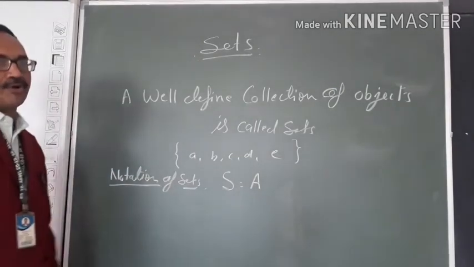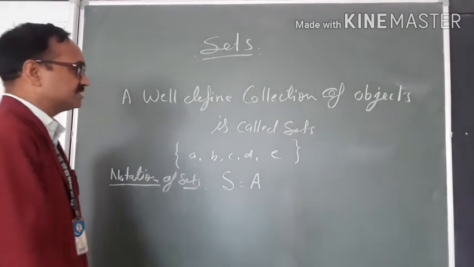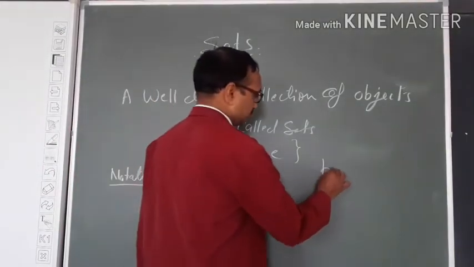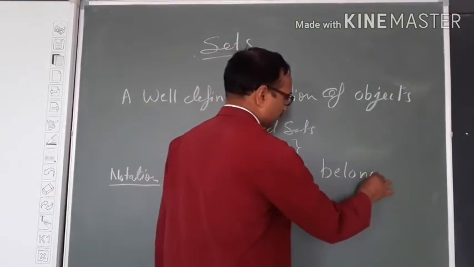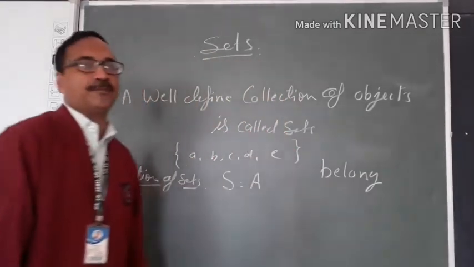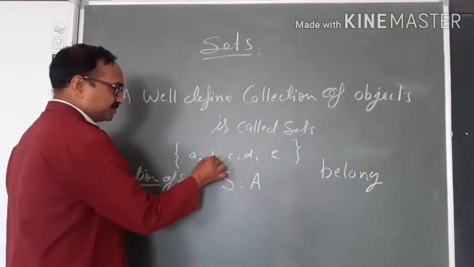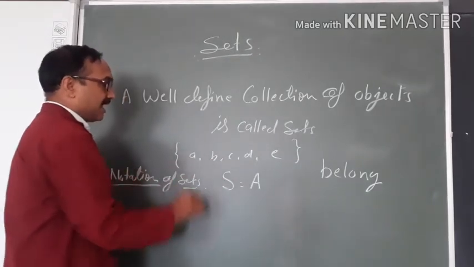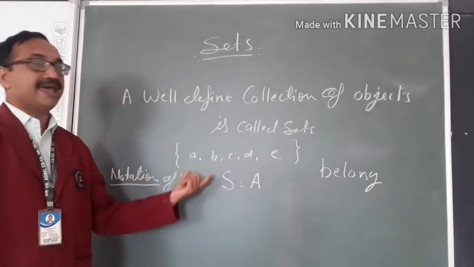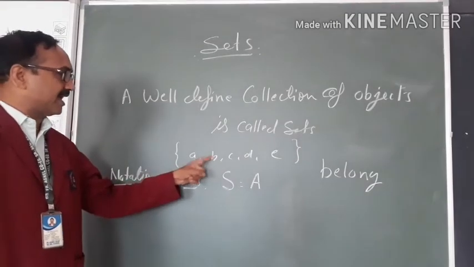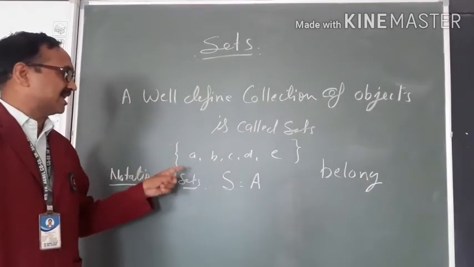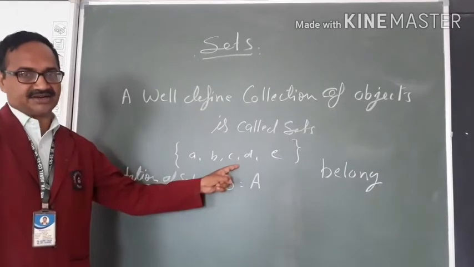One most important term in this is belong. What is the meaning of belong? Suppose B is an element of this set. Belong means element of this. B is an element of this set, so you can say B belongs to this particular set.